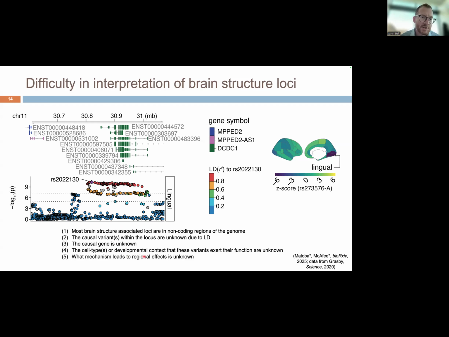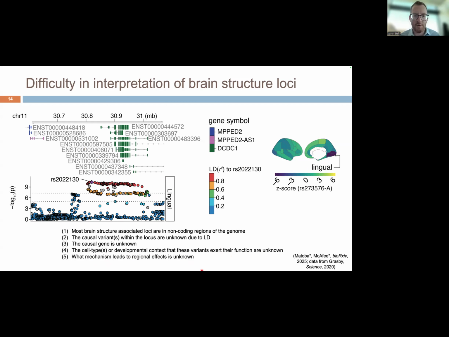So the cell types and developmental contexts that these variants exert their function in are also unknown. And finally, what the mechanism is that leads to specific regional effects, despite these variants again being present within all the cells of the brain, is also unknown. So these are a really good starting point, but there's a lot of mechanism to explain.